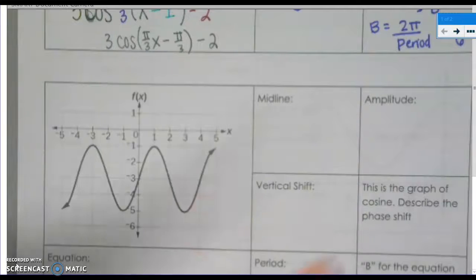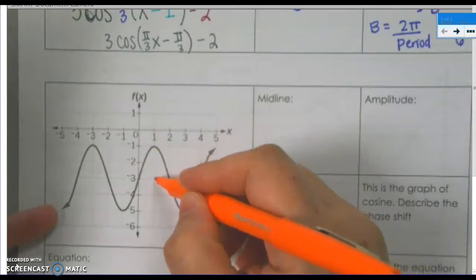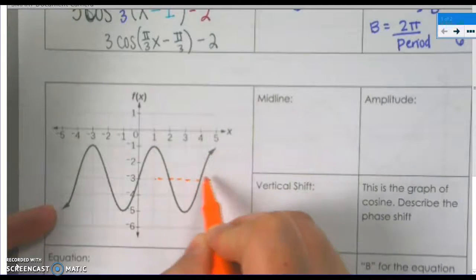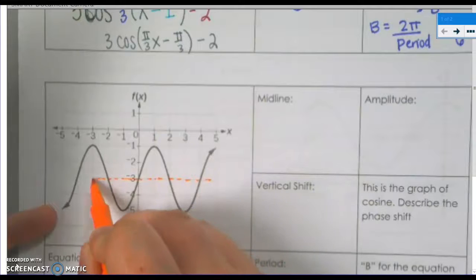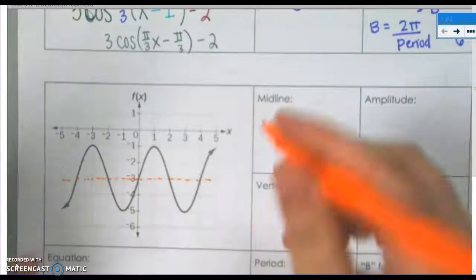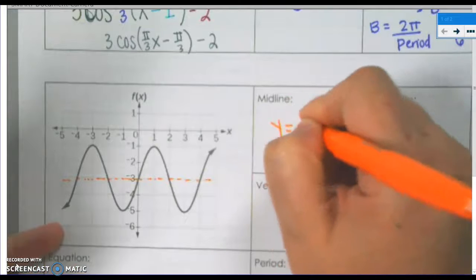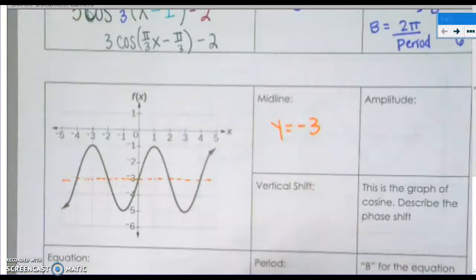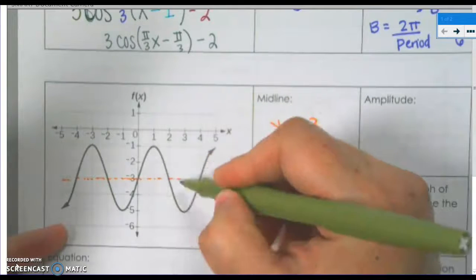My midline, this looks like my midline. Yeah, because my amplitude is 2. So my midline, y equals -3. My amplitude is 2.